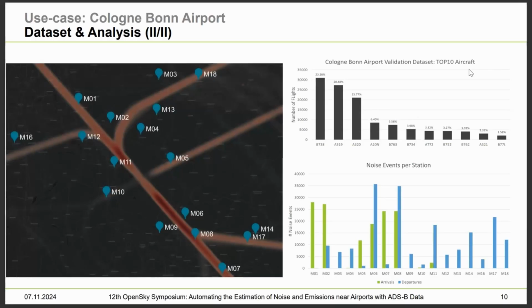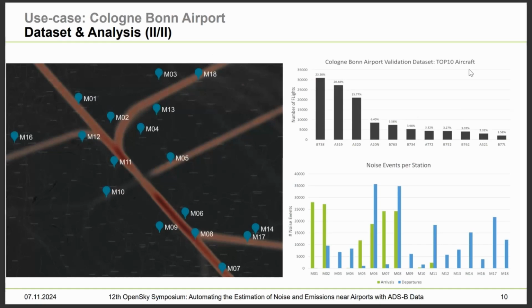This is just a small visualization of the data I got from Cologne. The density plot in the background is actually from OpenSky, not the one from Cologne, because I'm just interested in the noise events, not in the radar data itself. So you see in Cologne, we have a very homogeneous aircraft type distribution. The top 3 aircraft make up, I think, more than 70 or 80% of the flights.